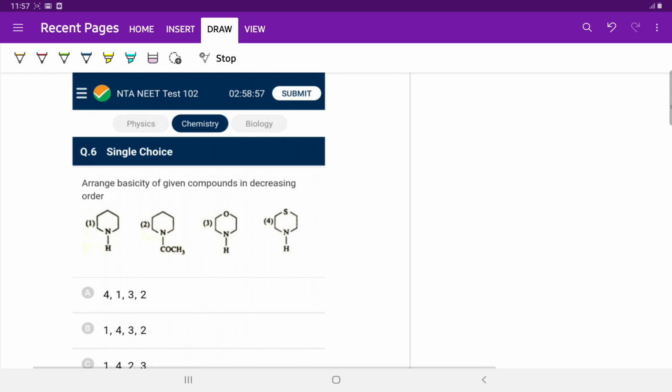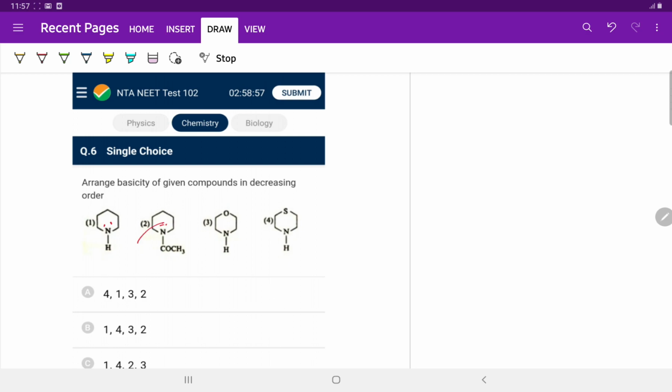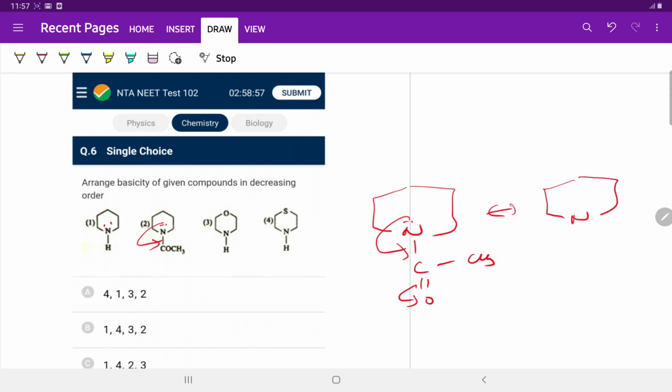Arrange the basicity of the compounds in decreasing order. The maximum basic compound is, I think, the first, and the least basic compound is 2. Since the lone pair of nitrogen is involved in conjugation with the carbonyl group, due to the delocalization of the lone pair, this compound is least basic.